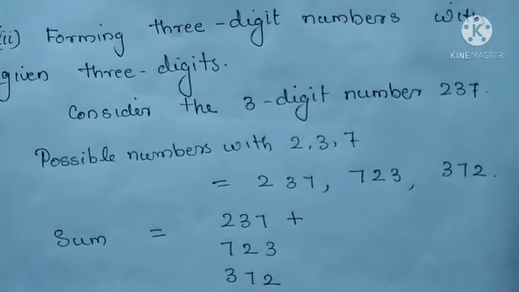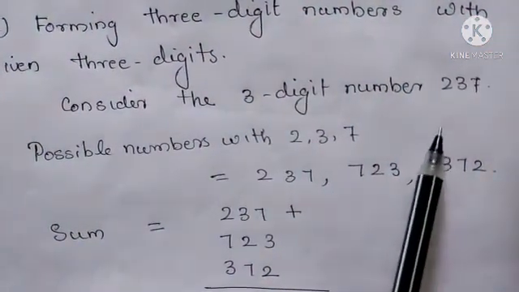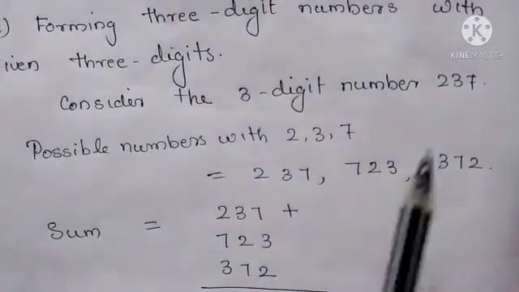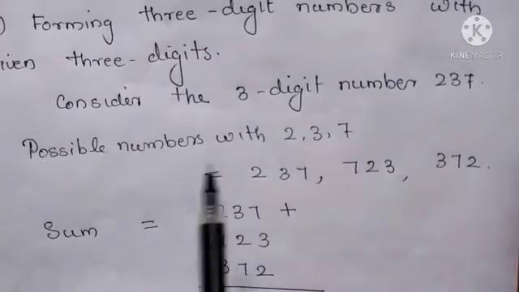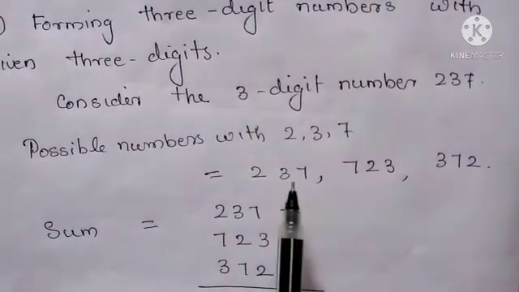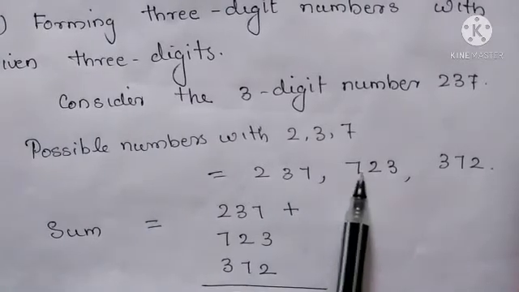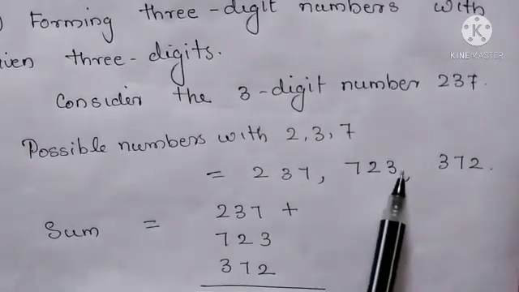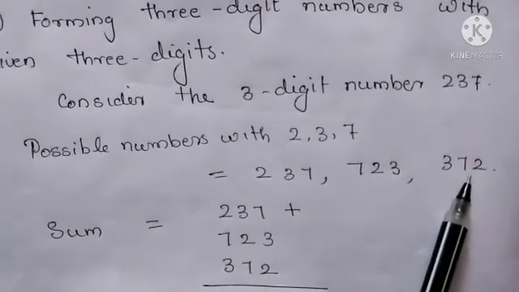Here, consider the 3-digit number 237. With these 3 digits, that is 2, 3 and 7, which are the possible numbers? 237, 723 and the next one, 372.